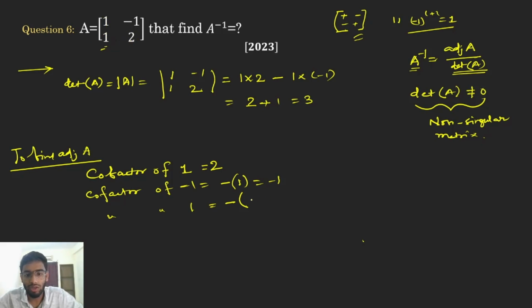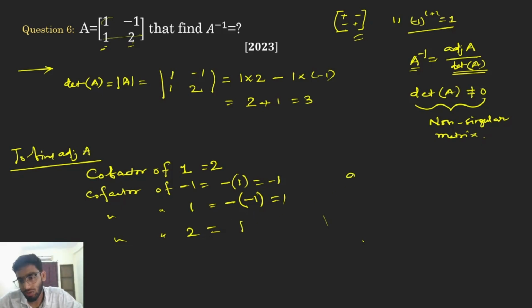So the cofactor is minus 1. Now the cofactor of 2, remember don't mix this up. The corresponding row and column cancel, we are getting this 1. There is a positive symbol, so 1.